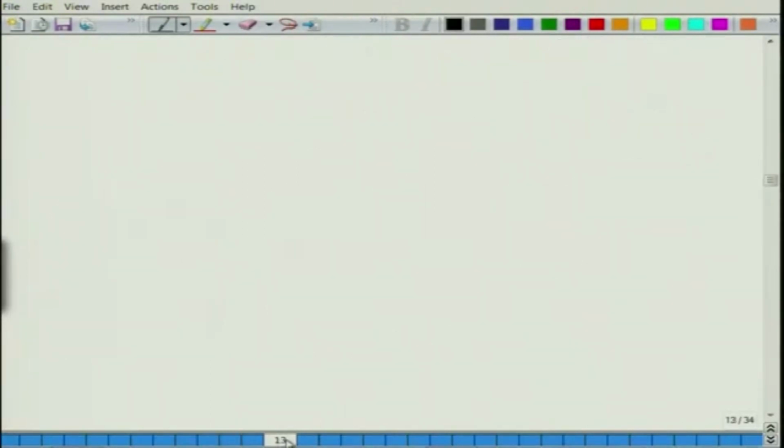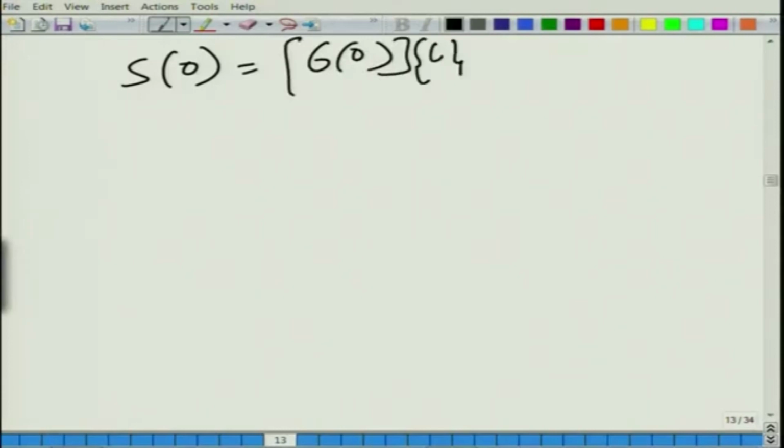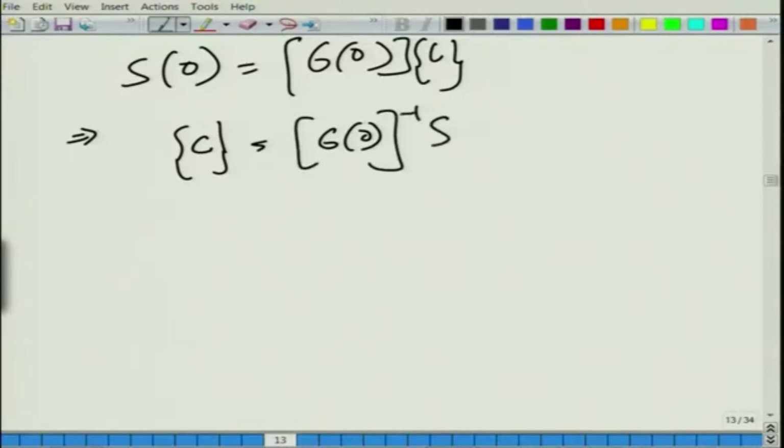This will mean S of 0 is equal to G of 0 times the constant vector C, where C vector is given by G of 0 inverse into S of 0. Probably write this like this.